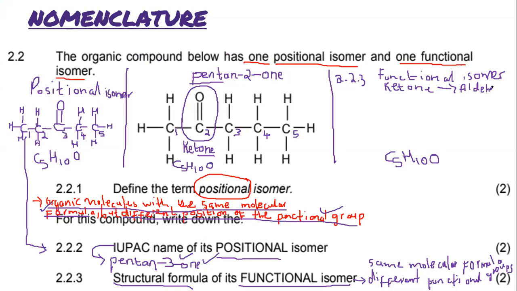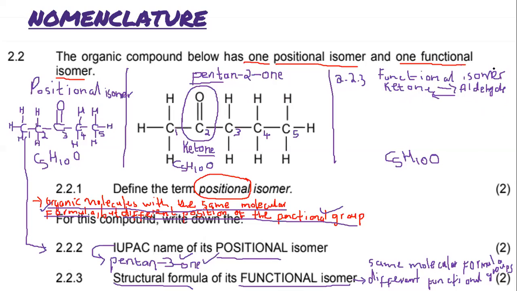And it goes the other way around. If I was given an aldehyde and I must give a functional isomer, then I must give a ketone. So from having a ketone to drawing an aldehyde, the aldehyde will be the functional isomer, because the functional group of aldehyde is not the same as that of the ketones.